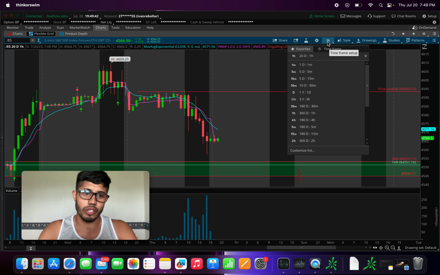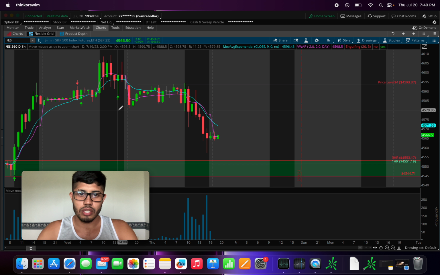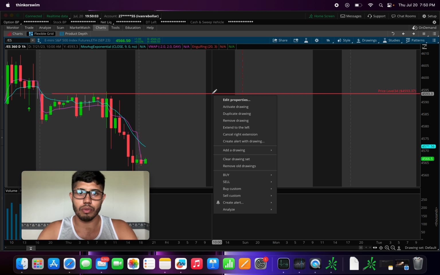A supply zone is basically the reverse of the demand zone, when it makes a big drop towards the downside. So I couldn't find anything for my supply zone, but we can mark this. This is pretty strong resistance it had in the pre-market and then the opening of the market. So we can just mark this resistance zone.